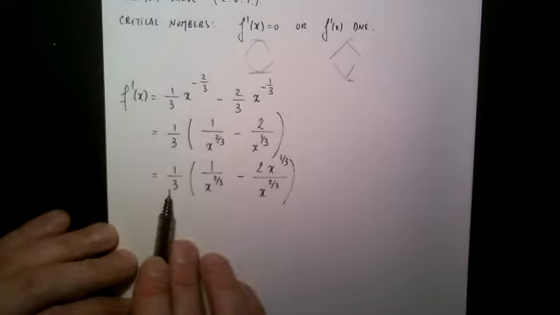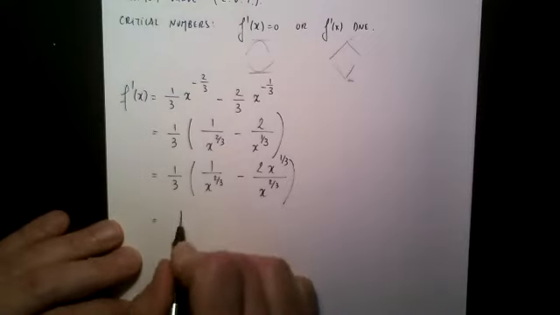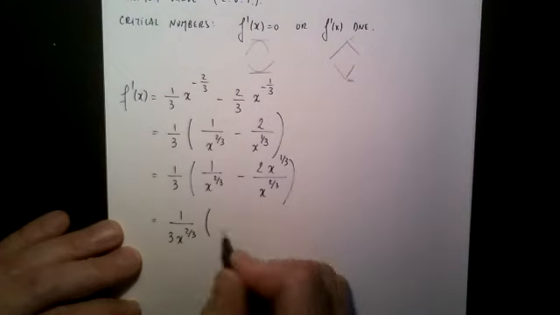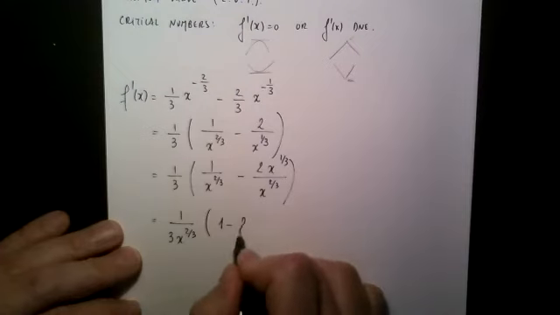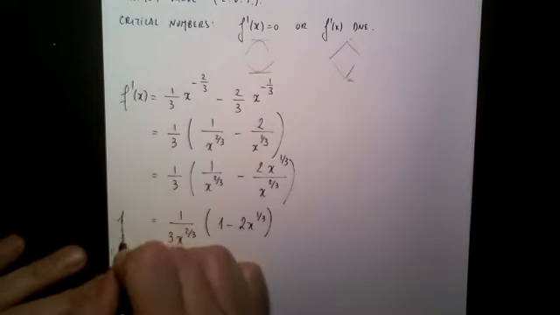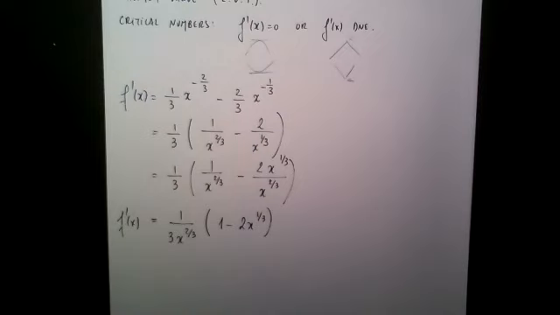And so I can extract an x to the 2/3 outside. So 1 over 3x to the 2/3 times, and inside I have 1 minus 2x to the 1/3. So this is my derivative, simplified. Any questions?